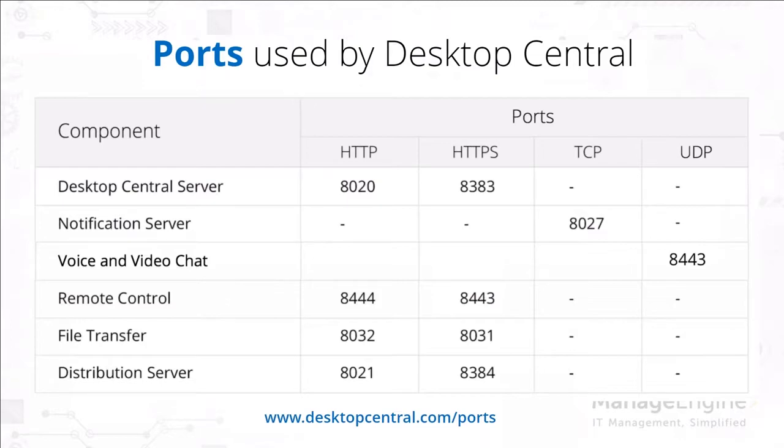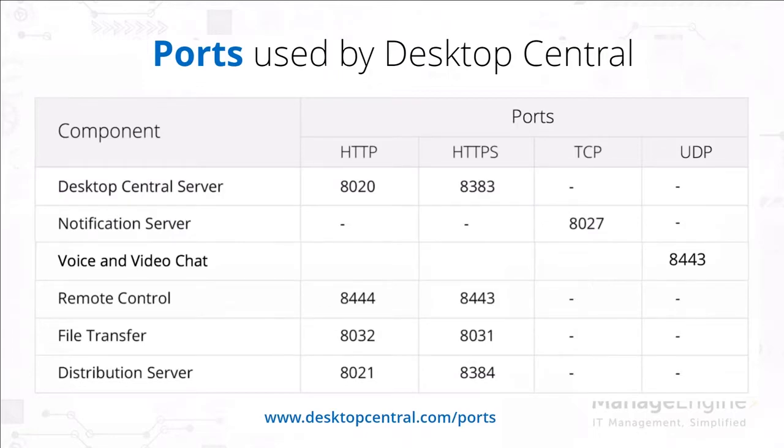Next, I'd like to share the ports used by the Desktop Central application. There are various components involved, and we support HTTP, HTTPS, TCP, and UDP. Different components use different sets of ports for different activities.